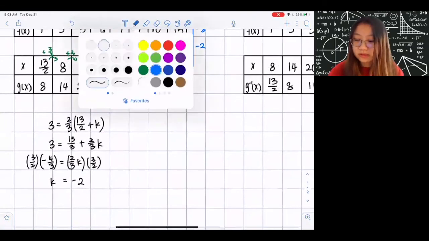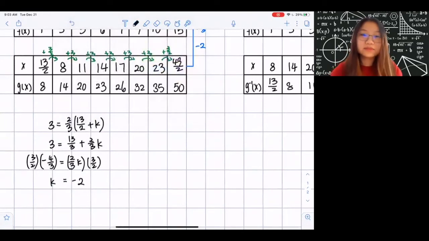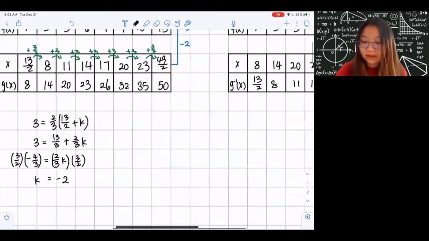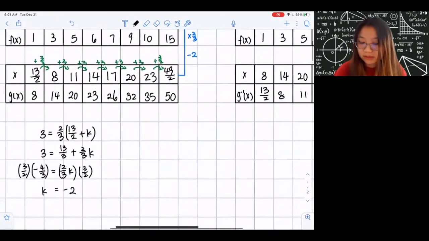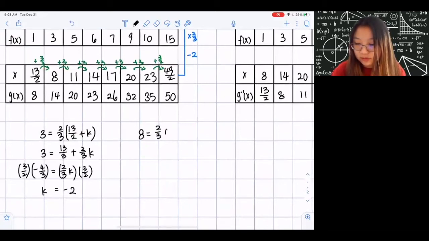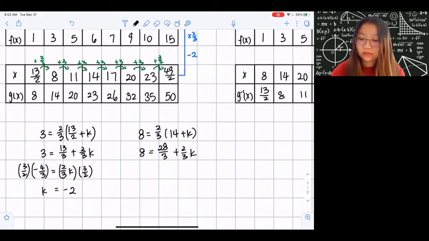So let's try another set of values, since if you don't believe me, because this value seems really crazy. Let's try maybe 14 and 8, right? So I have 8 equal to 2/3 times parenthesis 14 plus k. So 8 equal to 28 over 3 plus 2/3 k. 8 is basically 24 over 3.